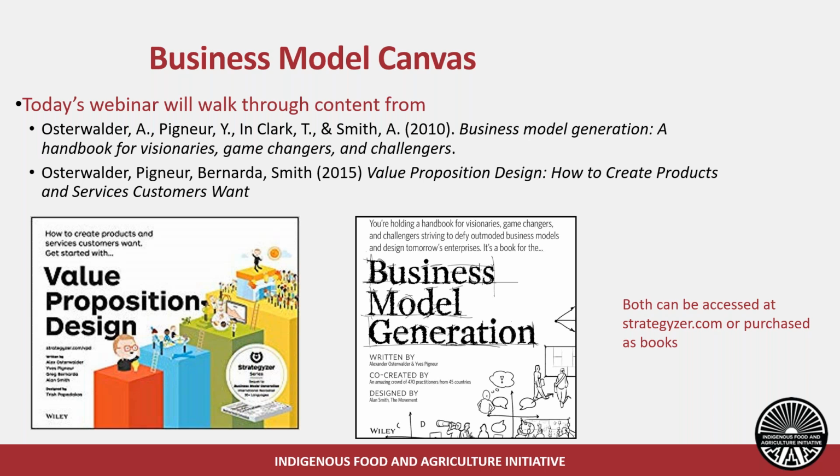And then there's also another book called Value Proposition Design that really digs into what a value proposition is. And we'll be going into both of these today. Both can be accessed at strategizer.com or can be purchased as books. We definitely want to give a proper citation to both of these works because this is building off of the work they had already done.